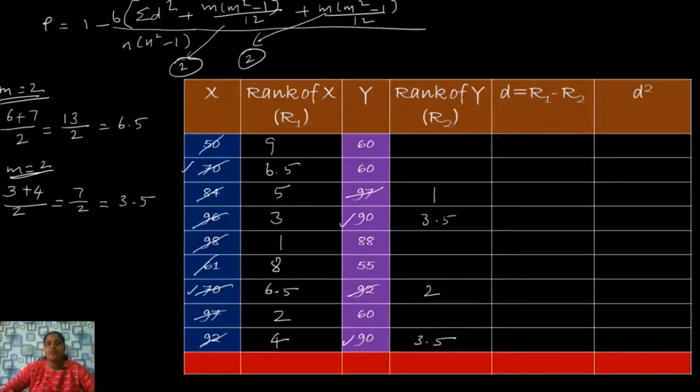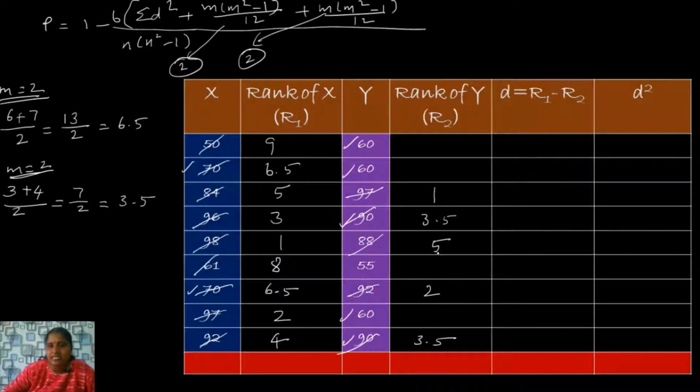Next we are going to assign the next rank. The next highest value is 88, so we assign the next rank, the 5th rank, to 88. And the 6th rank here. Look here, the value 60 is repeated 3 times, so there is a tie between the ranks.